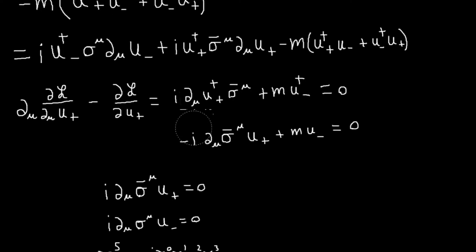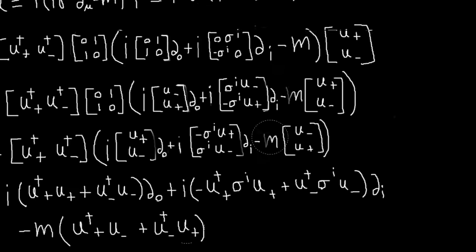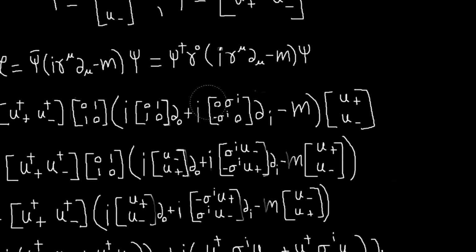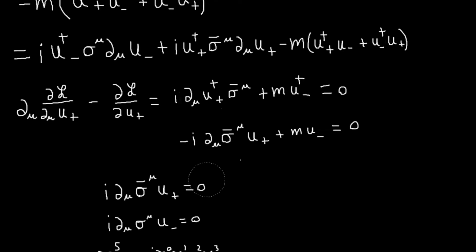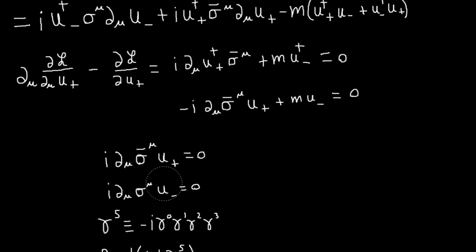In this calculation, we used the chiral representation of our gamma matrices, and that's what led to these simplified equations of motion. But these u plus and u minus have physical interpretations.